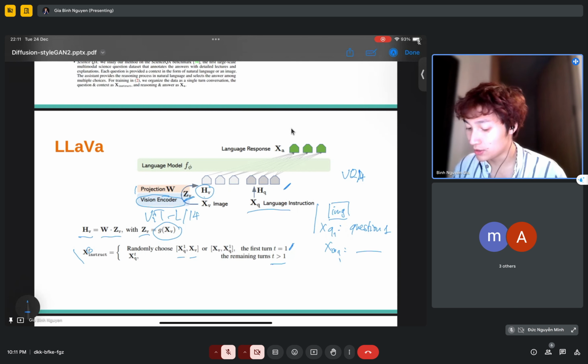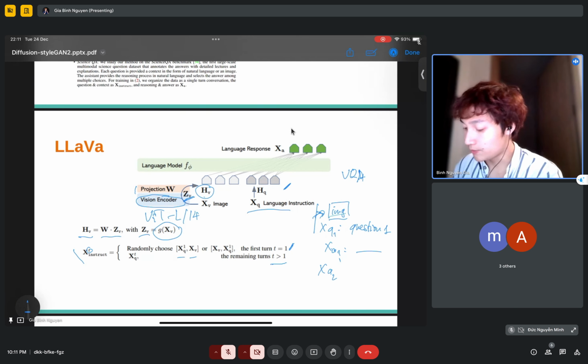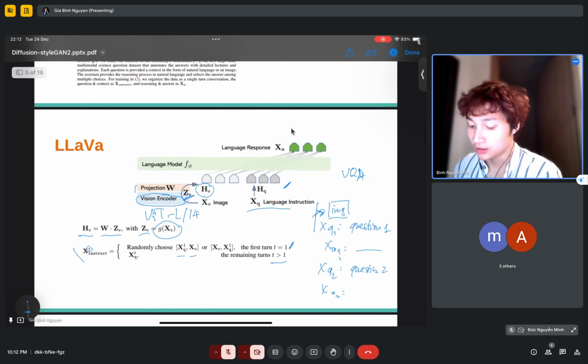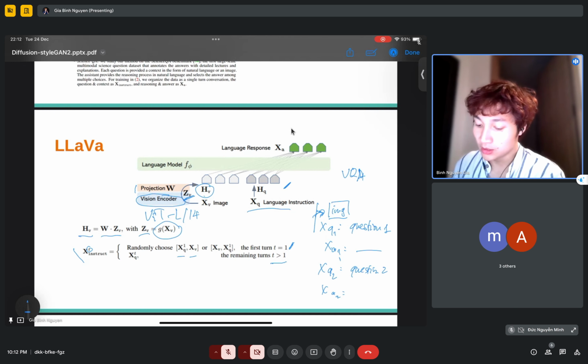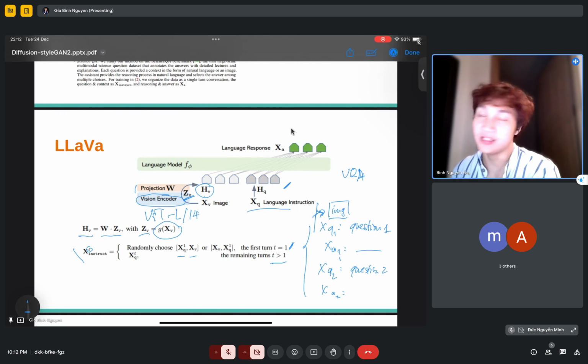If t is greater than 1, the question will be X_Q2, and the image is the same, so we do not put the image into the next round, we just put in the question X_Q2 and try to generate the second answer. Here's how it works.